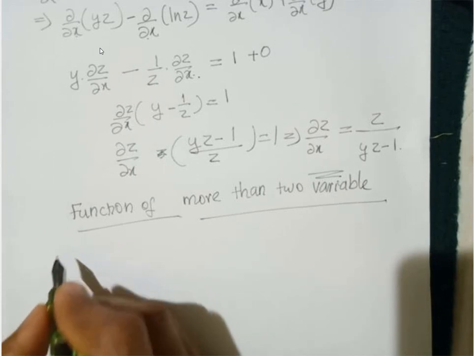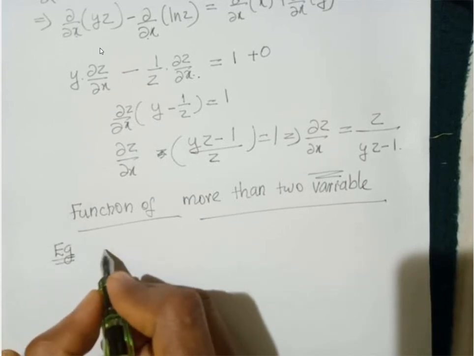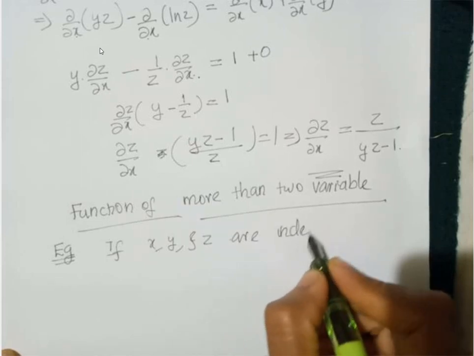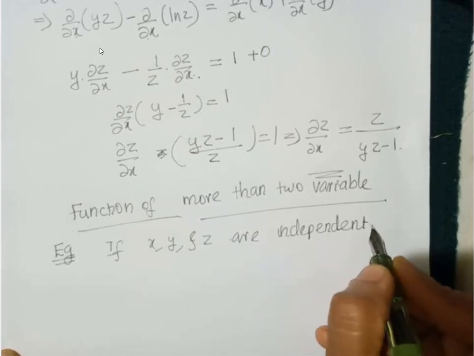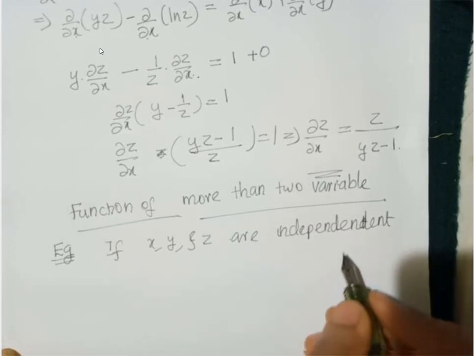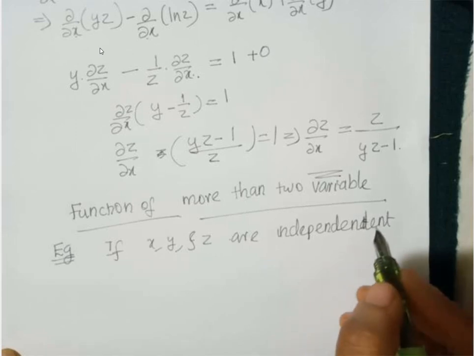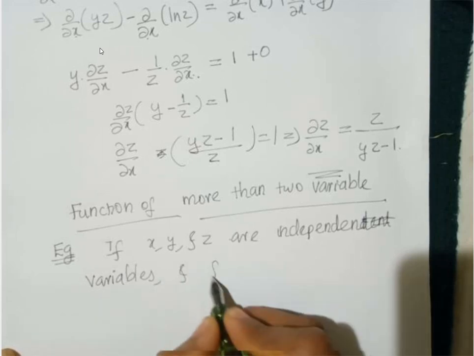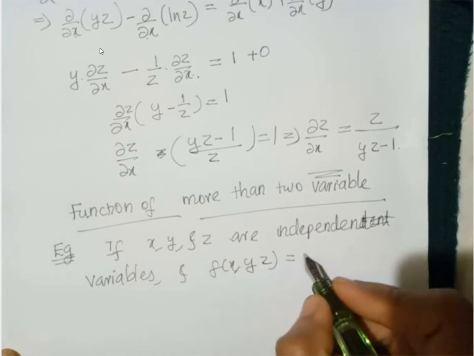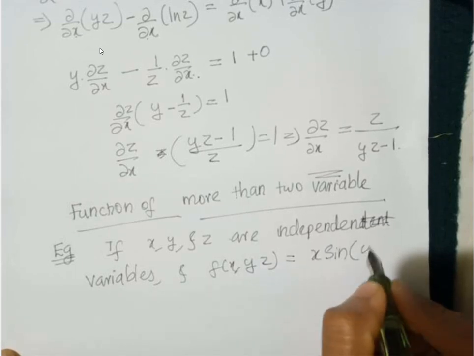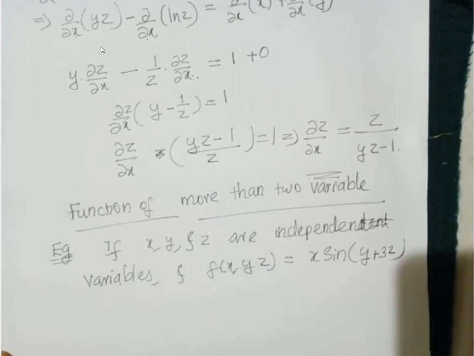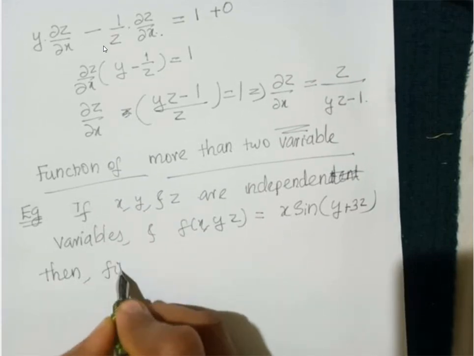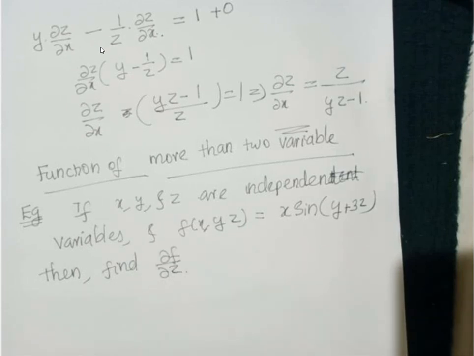For example, if x, y and z are independent variables, and f(x, y, z) equals x sin(y + 3z), then find ∂f/∂z.